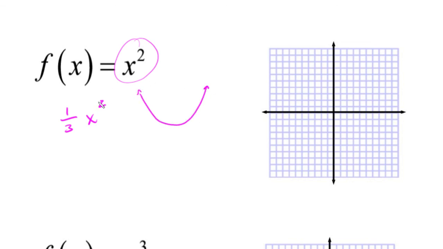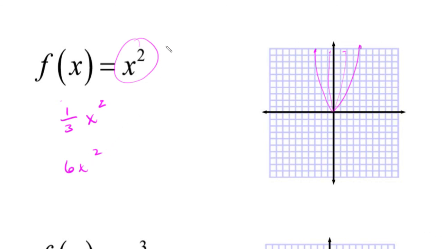So instead of looking like your typical thin parabola, it's going to be wider. But if you've got like 6x squared, it's going to be a lot narrower. Still going to look like a U, but super narrow, right? If the number in front is a fraction, it's going to be wider. If the number in front is bigger than 1, not necessarily just a fraction, it's going to be more narrow, okay?